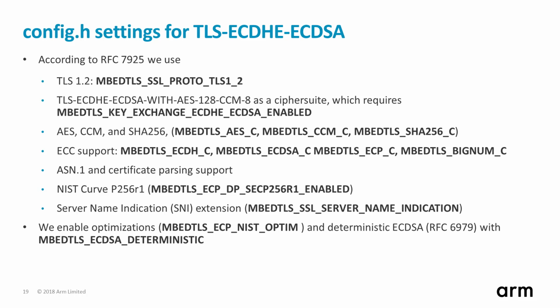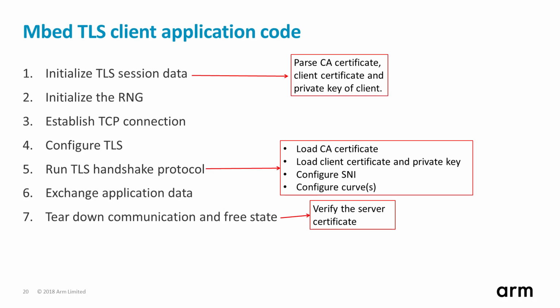Let us have a look at the application code sequence. It still has the same steps, but there are some additional configuration steps to consider. The client application has to pass various certificates, including the CA certificate, the client certificate, as well as the private key. This is done in step 1 when we initialize the session data. Next, we initialize the random number generator. We establish a TCP connection.